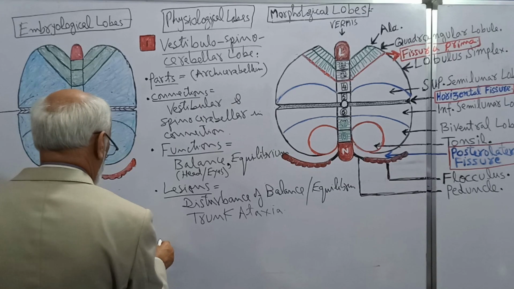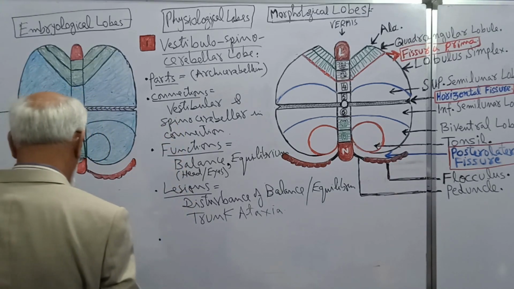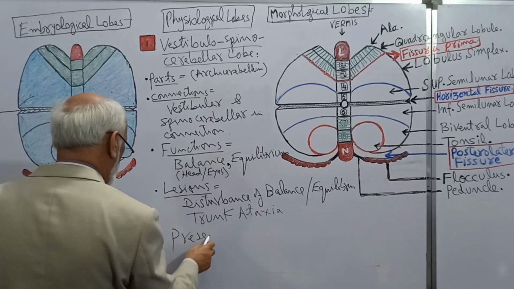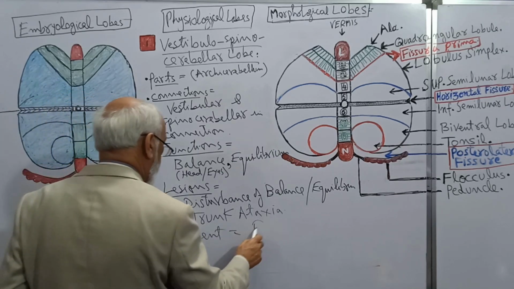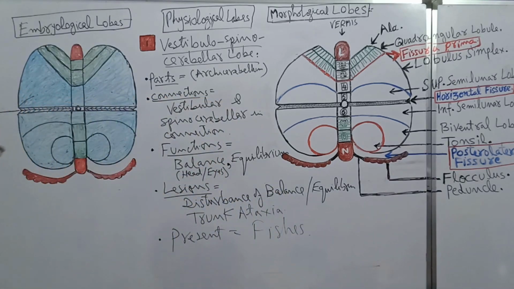Next, this lobe is also present in fishes. So this was about the first physiological lobe based on connections, functions, and lesions. That is the vestibulospinocerebellar lobe.